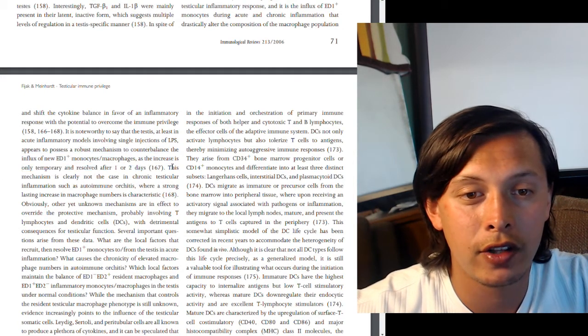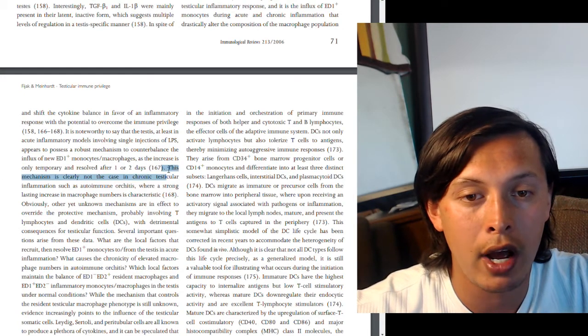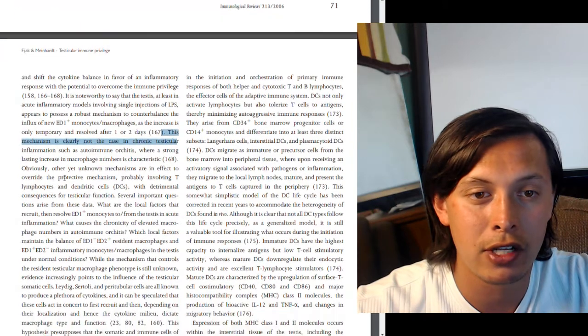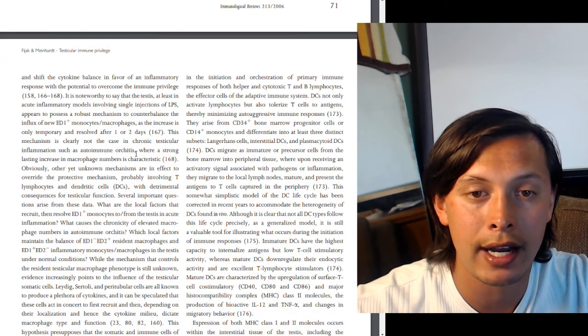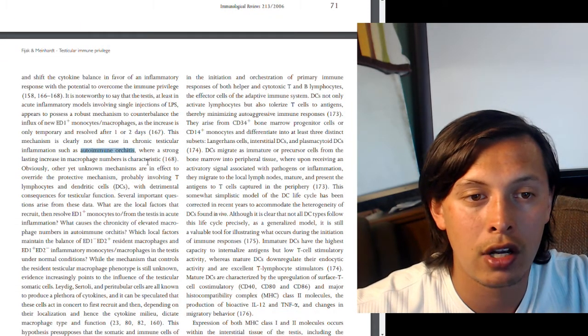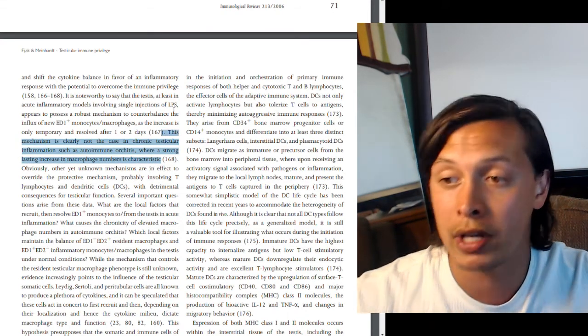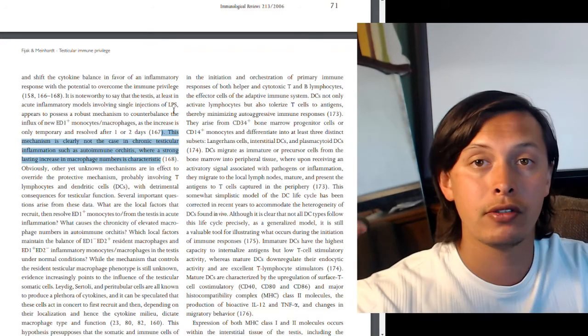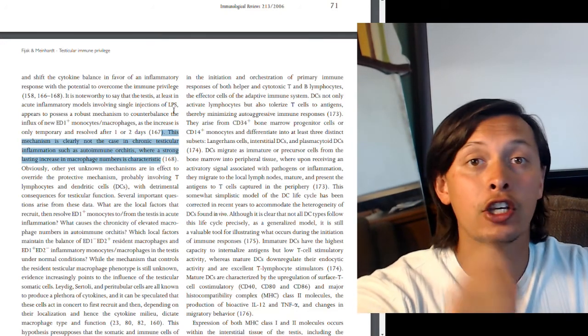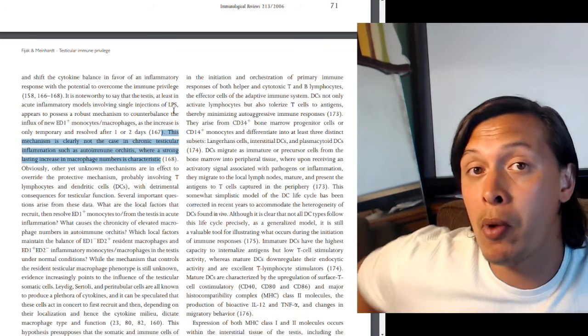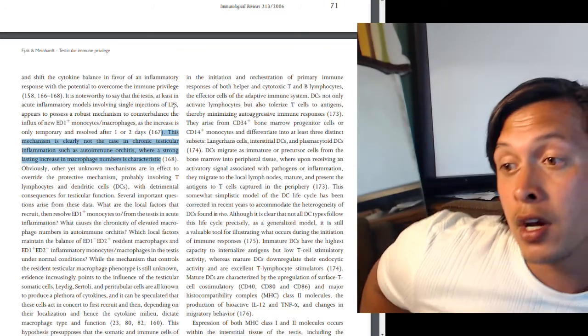This mechanism is clearly not the case in chronic testicular inflammation such as autoimmune orchitis, where a strong, lasting increase in macrophage numbers is characteristic. So remember, this is when we do the LPS injection, which is just an acute thing. It's an acute thing to inject lipopolysaccharides into the testes.